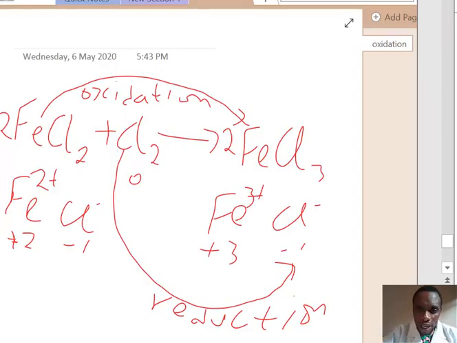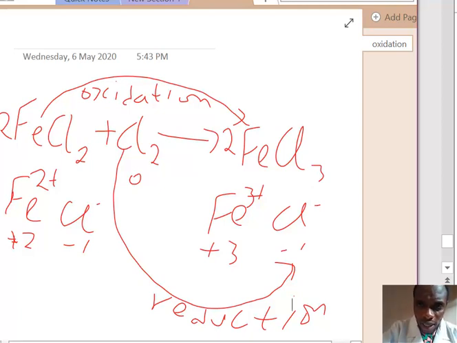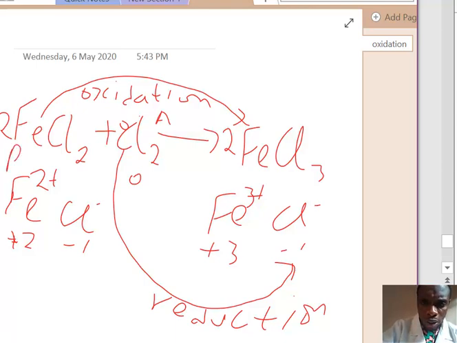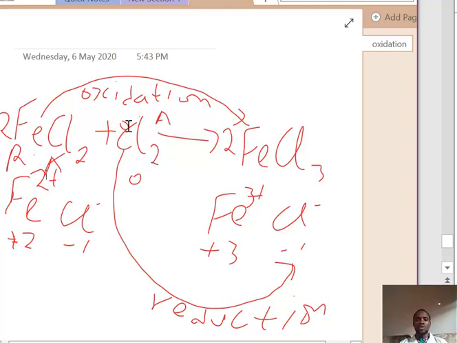So chlorine here, which gains the electron, is the oxidizing agent, while the iron 2 chloride, which loses electron, is the reducing agent. Don't forget, we said the oxidizing agent always becomes reduced. The reducing agent always becomes oxidized.